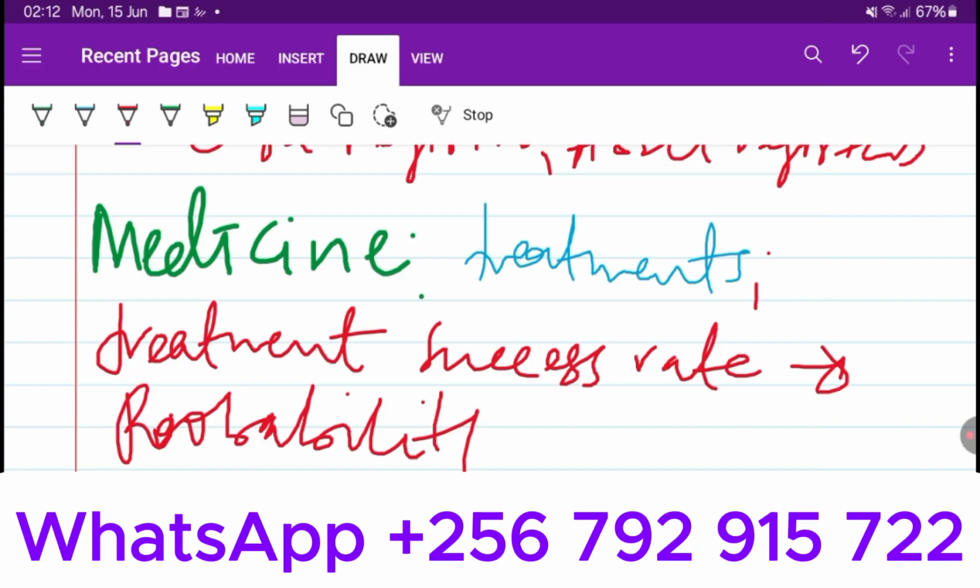So they do that to be able to get information that is related to the case they are trying to solve.